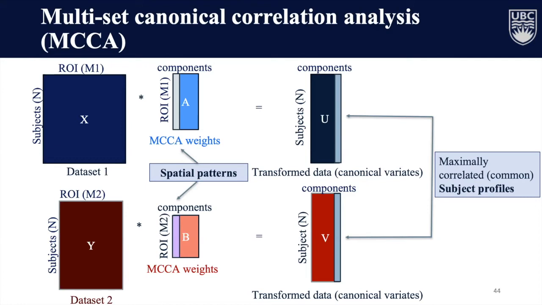You have two input data, subject by brain regions, which can be your tracer binding potential values, X and Y. In MCCA, we want to find the weights, MCCA weights A and B, so that the transformed data, U and V, are maximally correlated along each component. The transformed data U and V give us the subject scores, and A and B give us the spatial patterns.